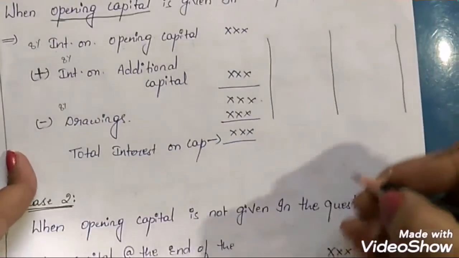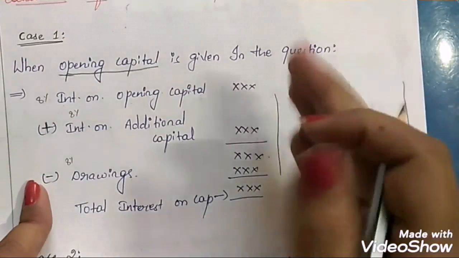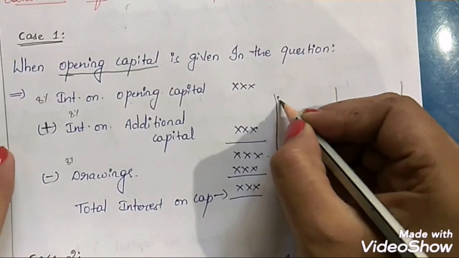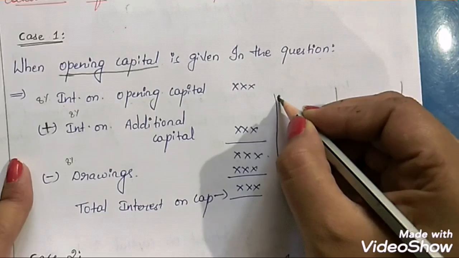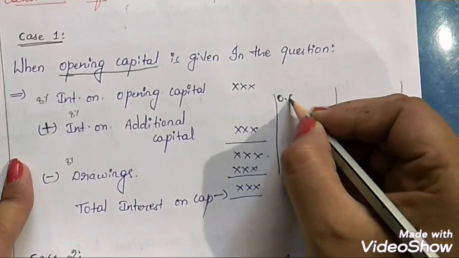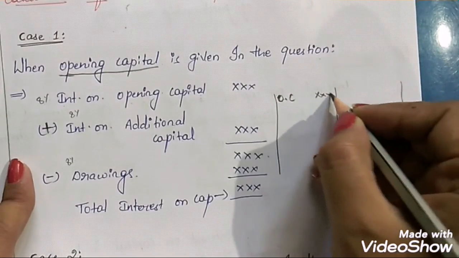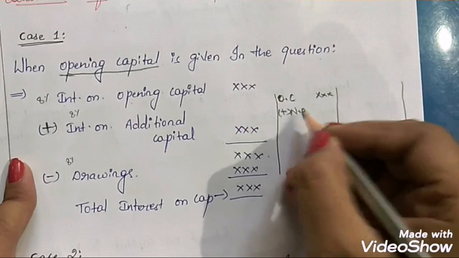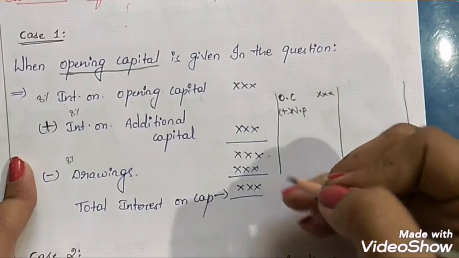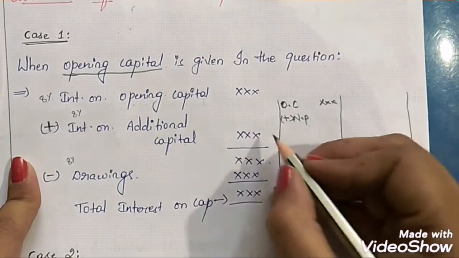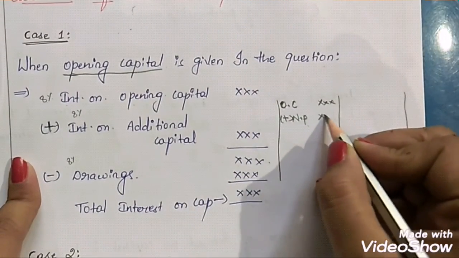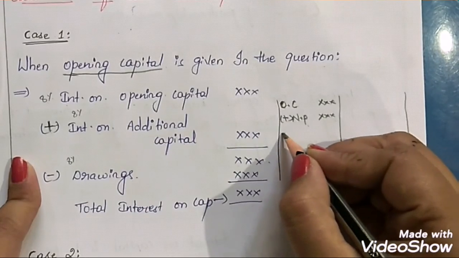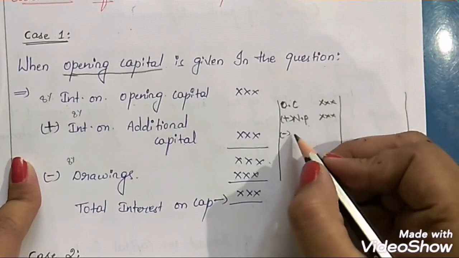So assume that this is a balance sheet. On the liability side we will always start with capital, right? So this we can call opening capital. Then in this we will add net profits for the year, the net profit which we have ascertained from the profit and loss account. Then if there are any drawings, we will deduct them from the opening capital.